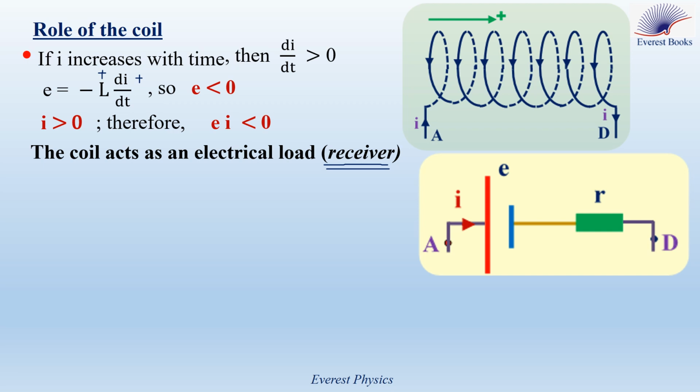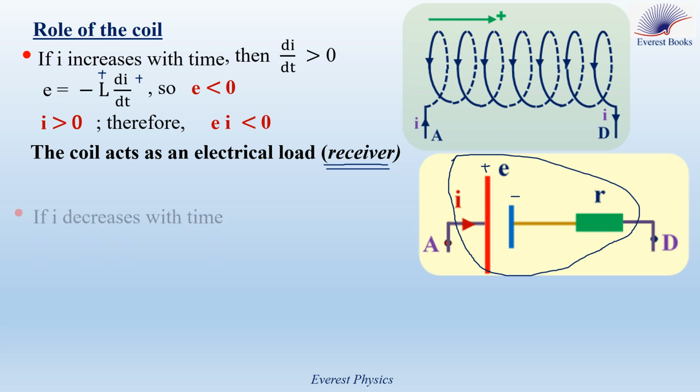We replace the coil by a series combination of an internal resistance R and an ideal battery of electromotive force E. And the figure shows that the current flows into the positive pole of the ideal battery. This is because the coil acts as an electrical load, which means that it consumes electric energy.